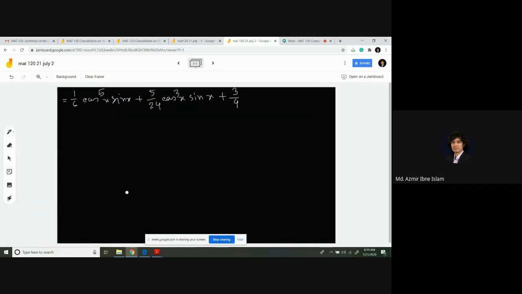So 3/4. Now we are going to integrate cos^2 x by the same technique. We can apply the reduction formula again. So 1/6 cos^5 x sin x plus 5/24 cos^3 x sin x plus 3/4.